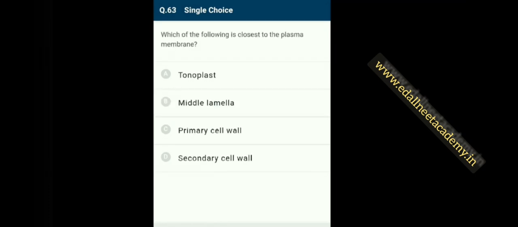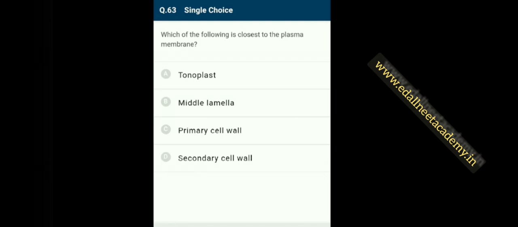Question number 63. Which of the following is closest to the plasma membrane? Vacuoles are membrane-bound storage organelles found in plant cells and animal cells. They are larger in plant cells compared to animal cells. The membrane of the vacuole is called the tonoplast. The cell wall found around plant cells contains multiple layers.